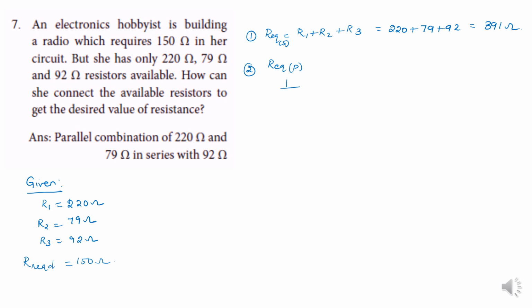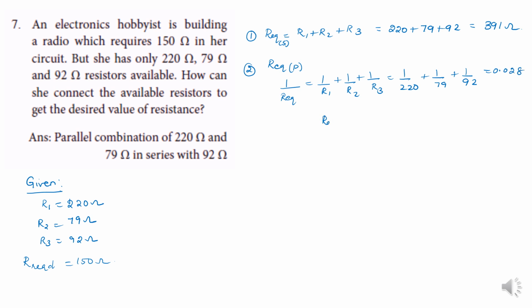In parallel connection, 1 by R equivalent is equal to 1 by R1 plus 1 by R2 plus 1 by R3, which is 1 by 220 plus 1 by 79 plus 1 by 92, okay, which comes around 0.028. 1 by R equivalent is 0.028.